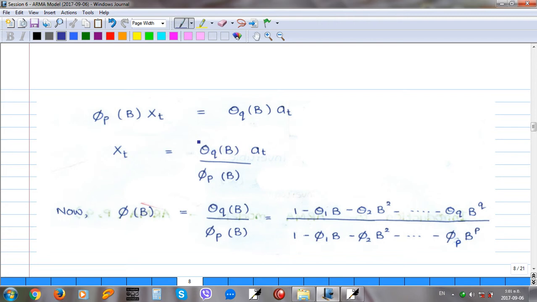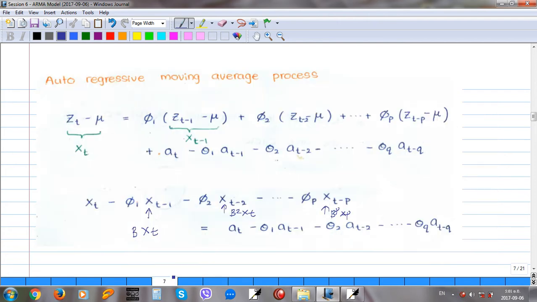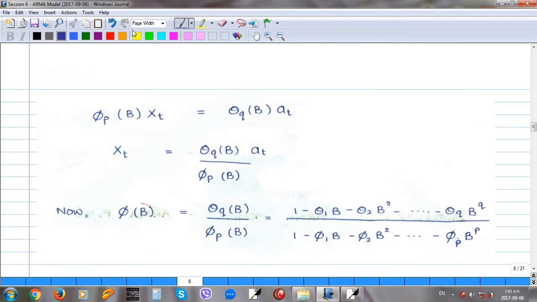So we can write this as phi p(B) xt. Similarly, we can write the other side using B operators, as theta q(B) times at. Then if we solve for xt, it comes as theta q(B) over phi p(B) times at, right?